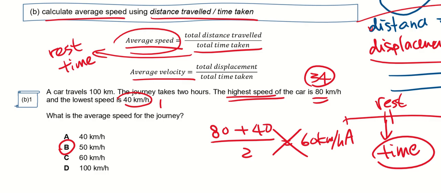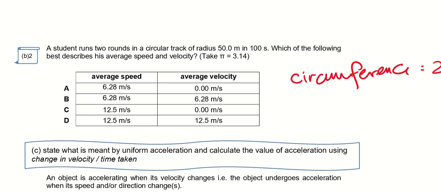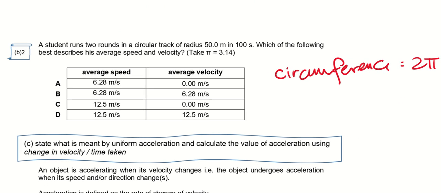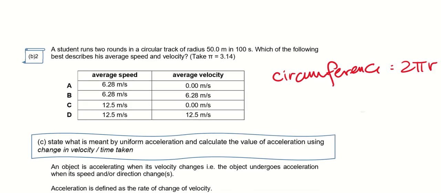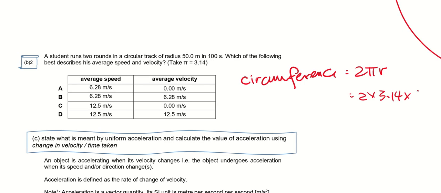So what's the average speed formula? Total distance over total time. Get this? Can I go to B2? Okay, B2, what's the circumference? Circumference is 2 pi r. 2 times 3.14 times the radius, 50, so it becomes 314 meters, right?